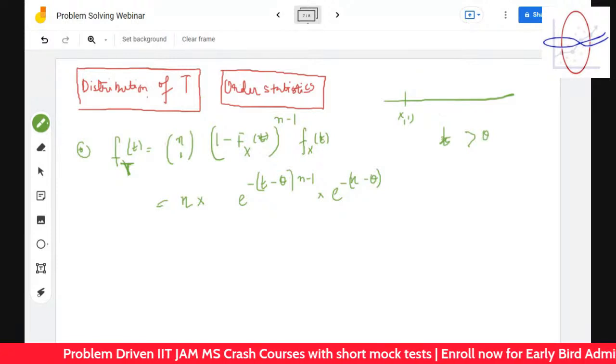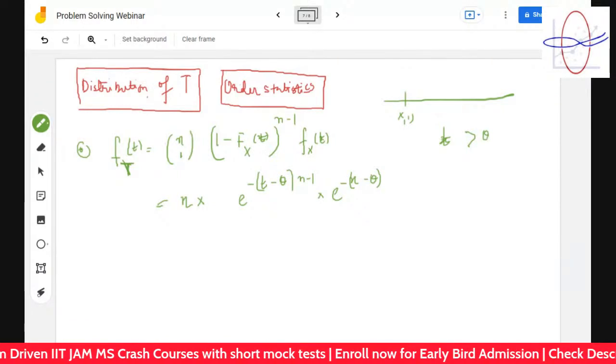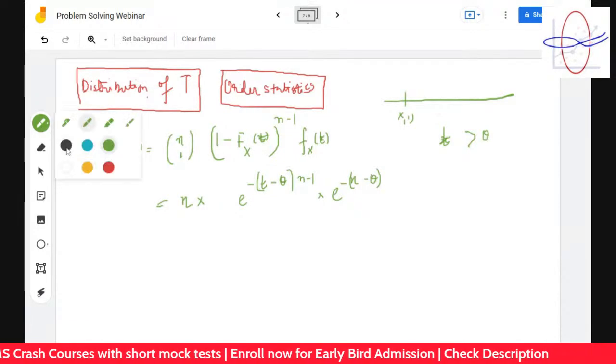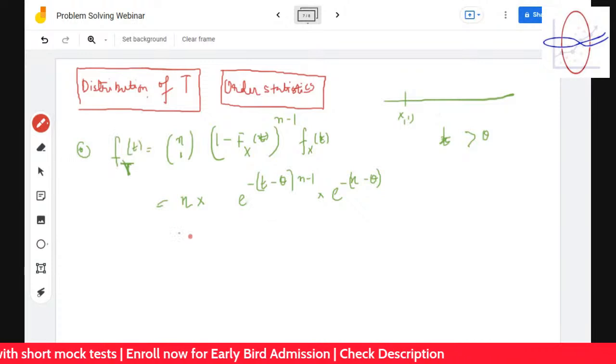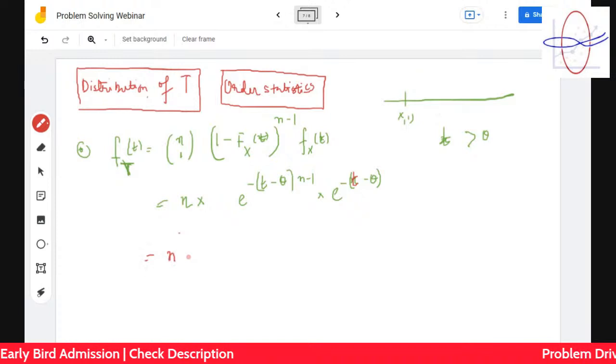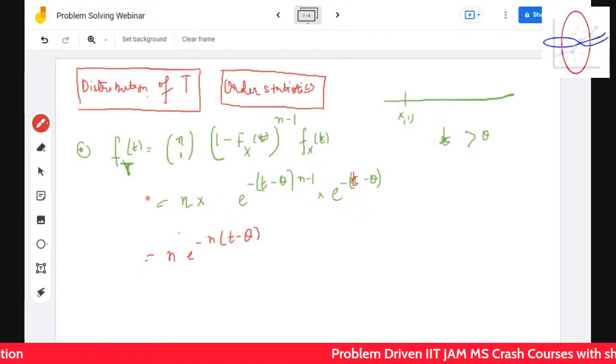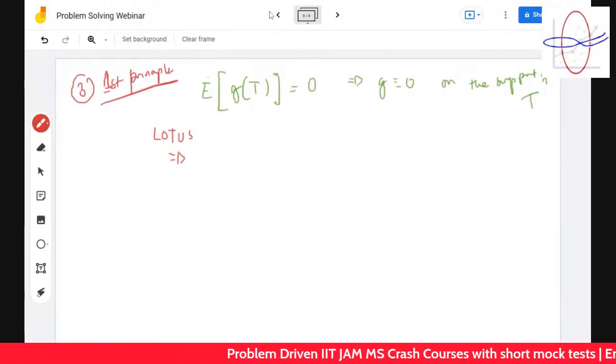And yeah, so now we have got the f of t, the order statistic distribution, and so this will also be t. So you get what? It's n times e to the power minus n(t minus theta). This is what you have got. So let's replace this over here.